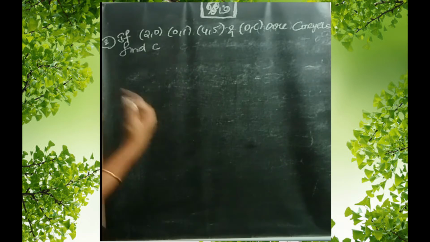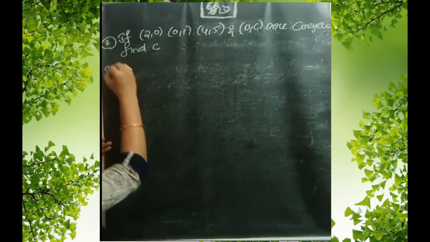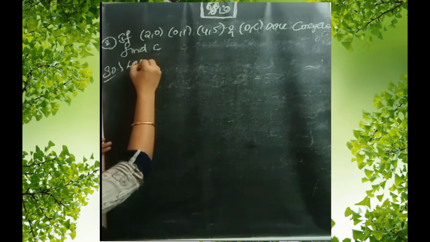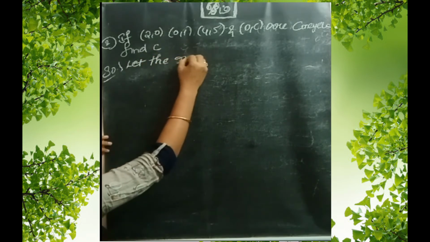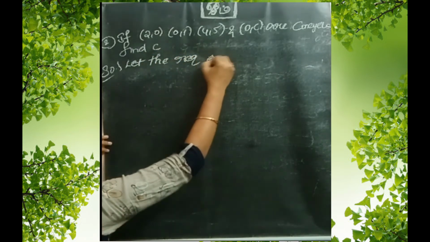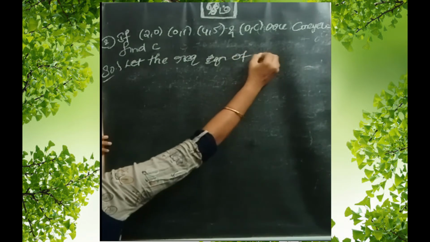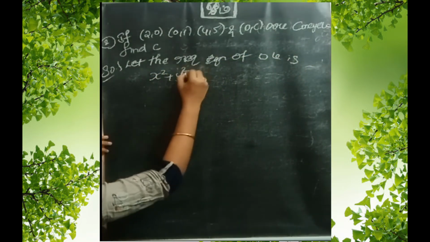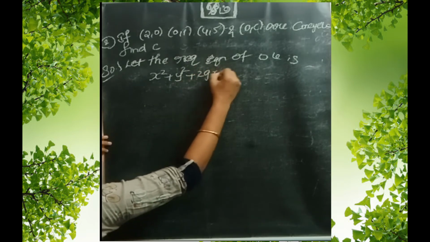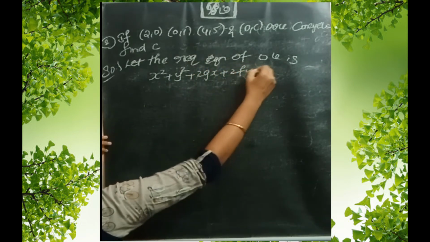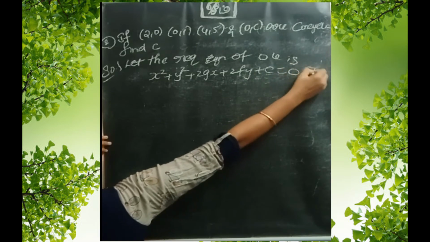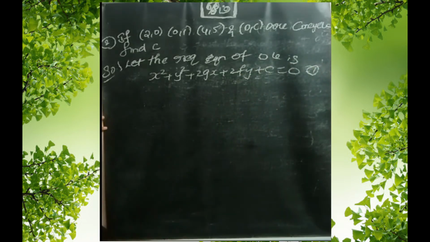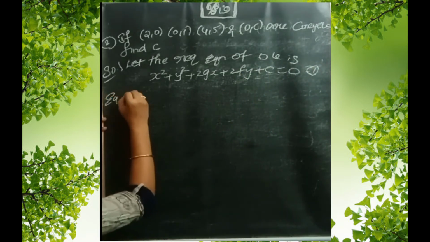Okay, like in the previous problem, let the required equation of the circle be x square plus y square plus 2gx plus 2fy plus c equals 0, which is our first equation.